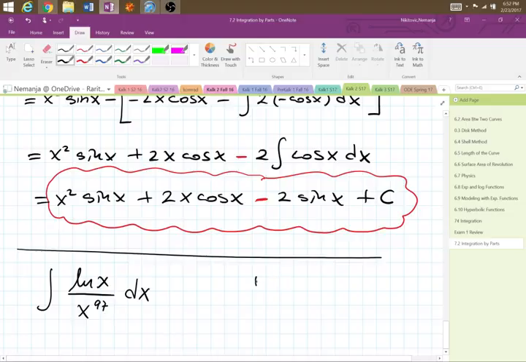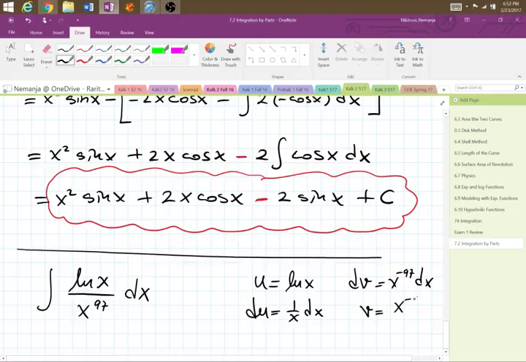So u is equal to ln x, and dv is equal to x to the negative 97 dx. That's 1 over x to the 97, right? And then du is 1 over x dx, and the v is, well, we add 1, so x to the negative 96 over negative 96.